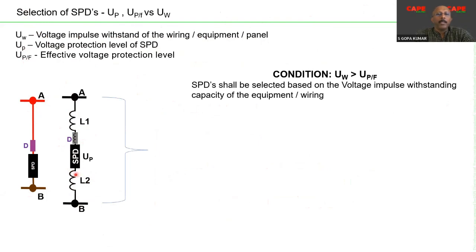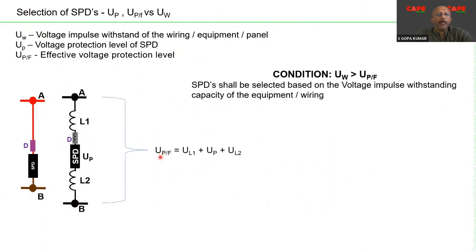You have to be bothered about the final effective protection level, UPF, sorry, the final effective protection level you are going to achieve between point A and B is important for you.